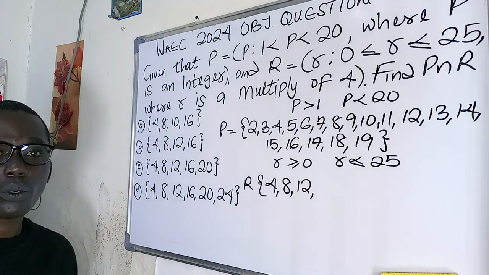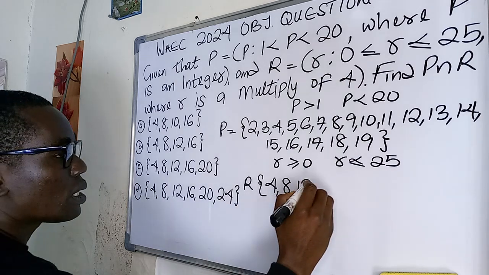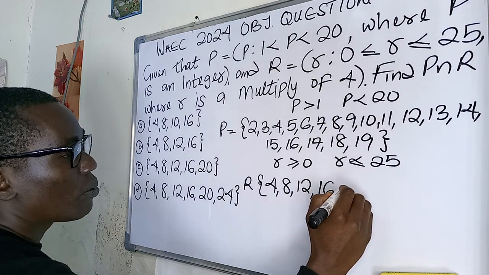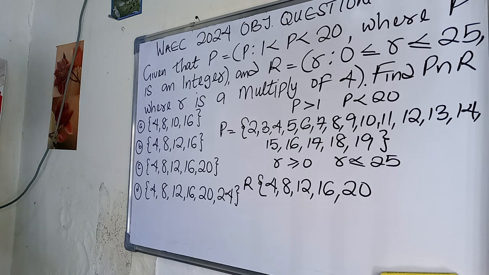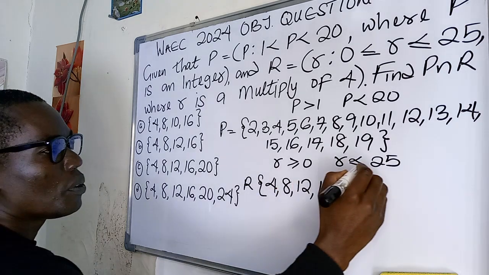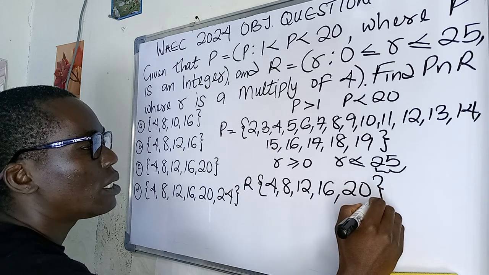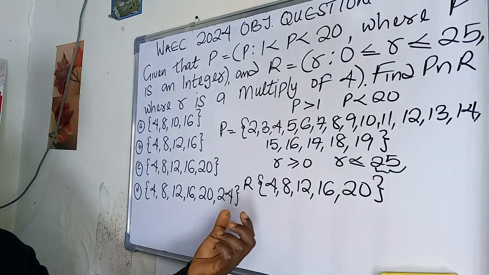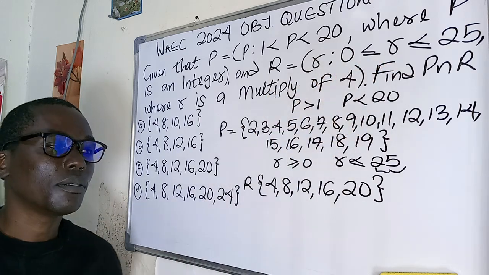These are the multiples of 4, and so on it goes. 4 times 4 is 16, 4 times 5 is 20. Now 4 times 6 will give us a value that is greater than 25. So these are the multiples of 4 within the range of 0 and 25.